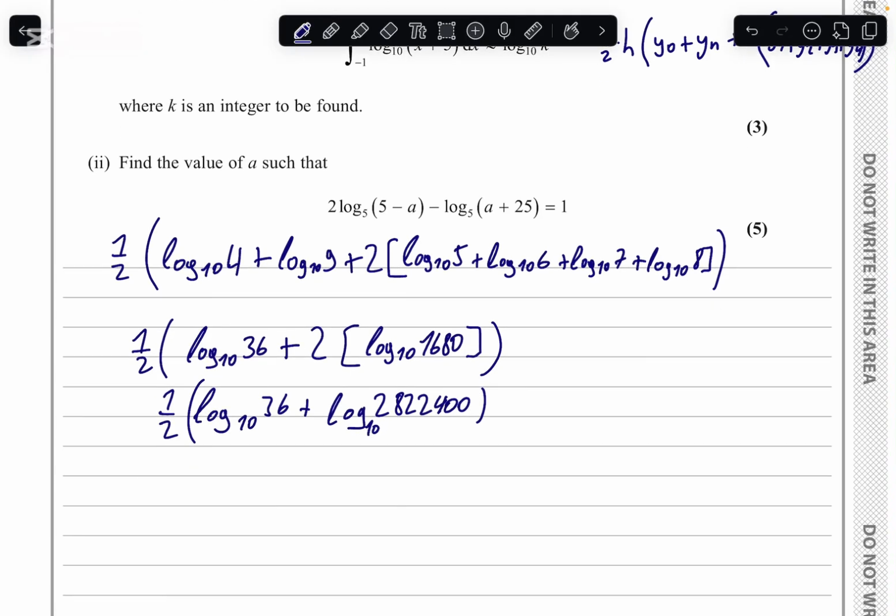If we also add that, multiply those two, we get half of log base 10 100,606,400.